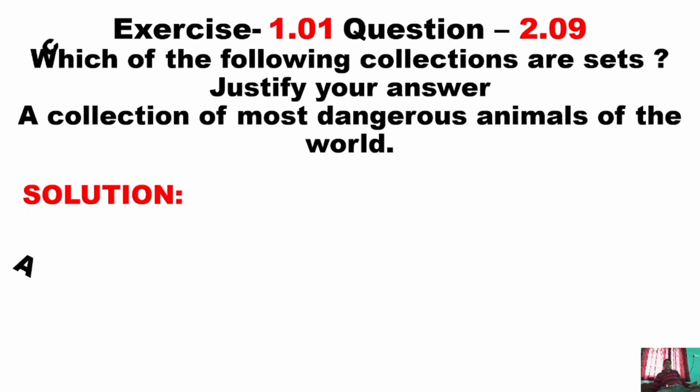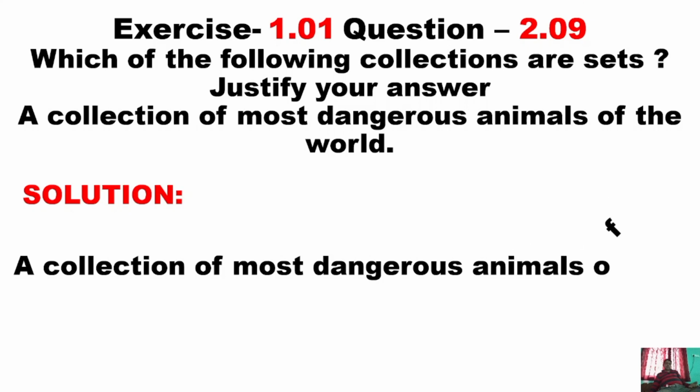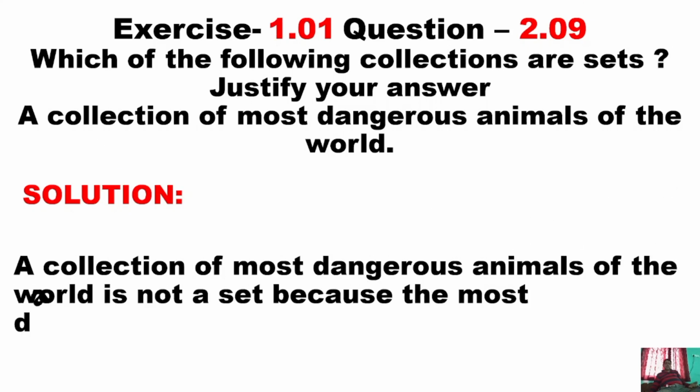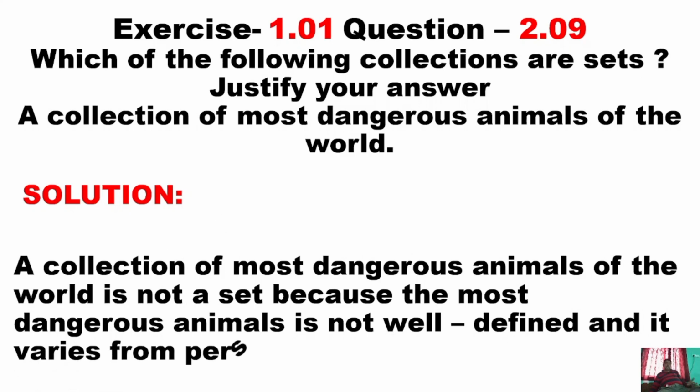So the collection of most dangerous animals of the world is not a set, because the collection is not well defined. It varies from person to person, so it cannot be a set.